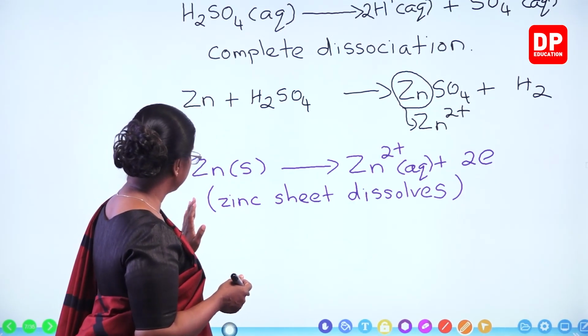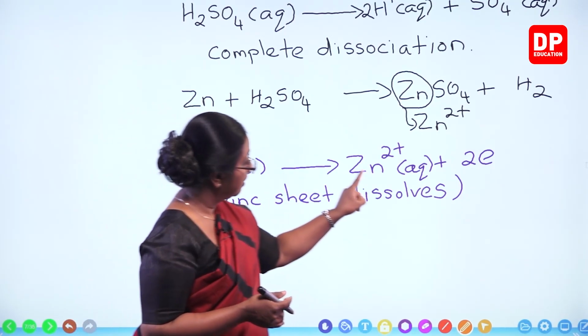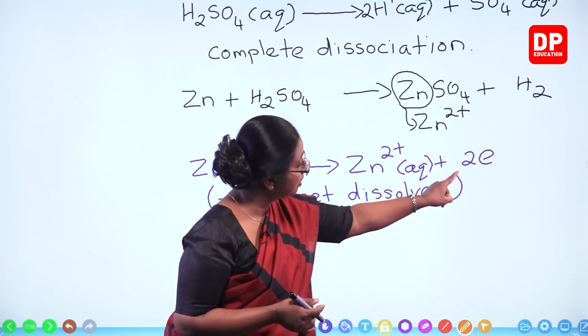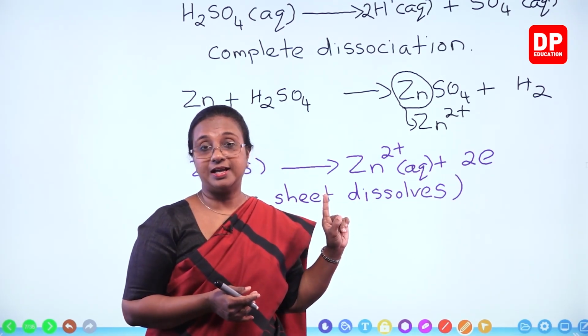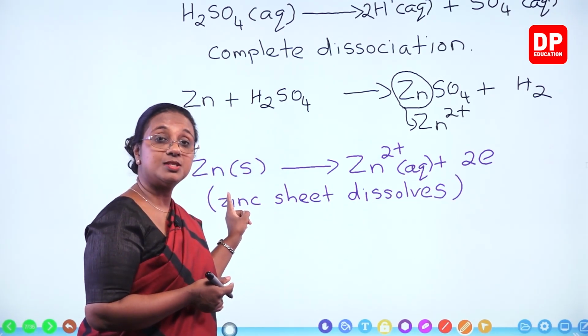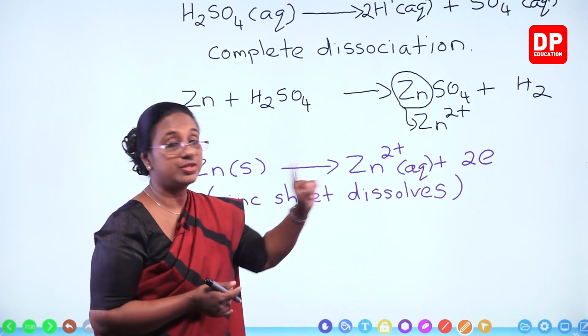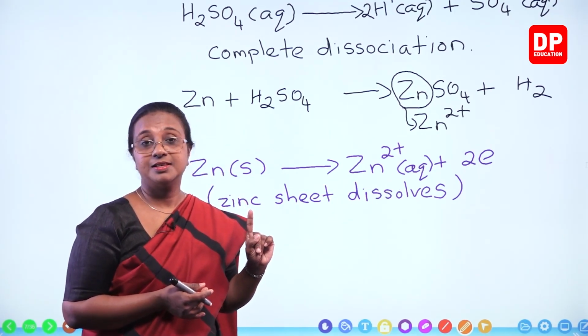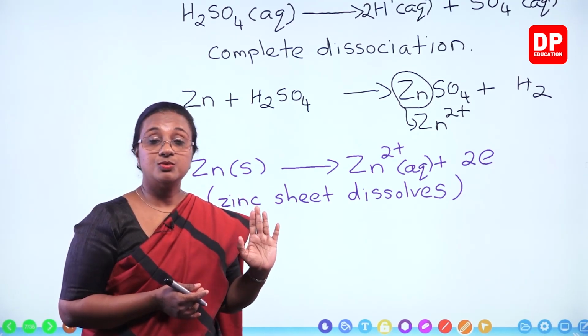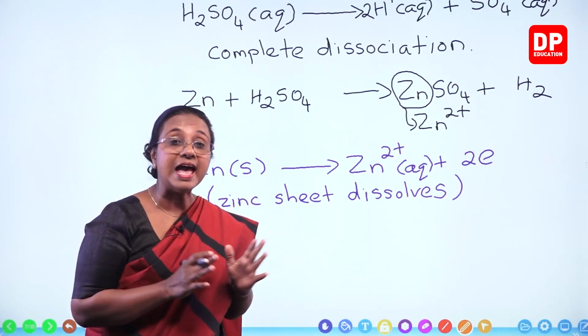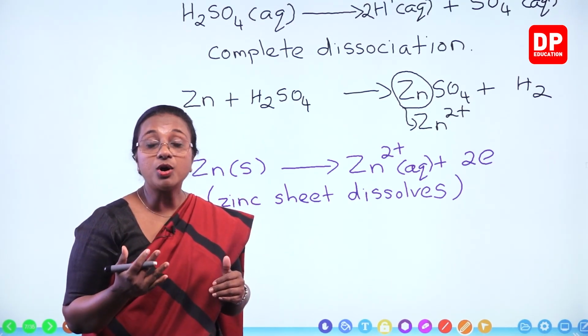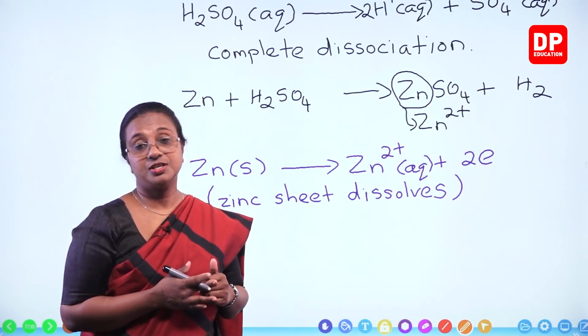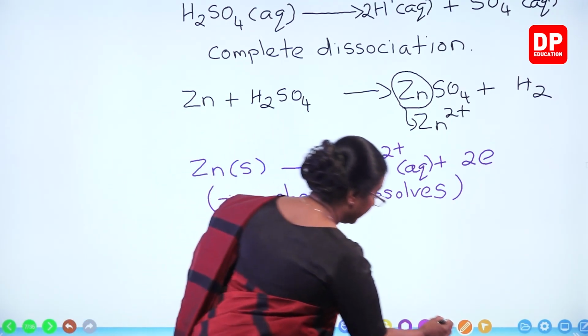When a species, now zinc becomes zinc 2 plus, losing 2 electrons. So zinc is a species that is losing 2 electrons. When a species loses electrons, we call that reaction an oxidation reaction. You have to remember all these terms.